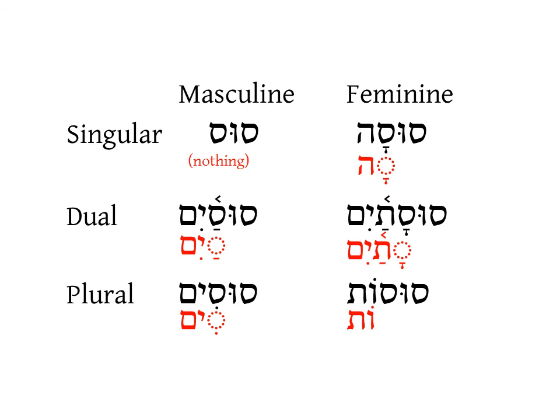This is just an example to show you all of the forms together at once. So the singular sus, the dual masculine susayim, and the masculine plural susim. Similarly, the feminine singular is susa. The feminine dual, again, we won't actually see this form on the word sus, is susathayim, and the feminine plural susot.